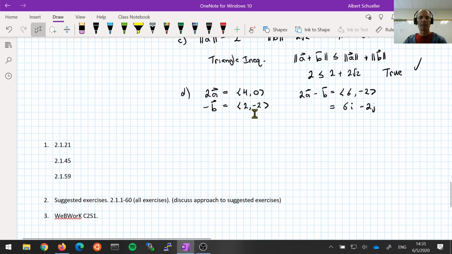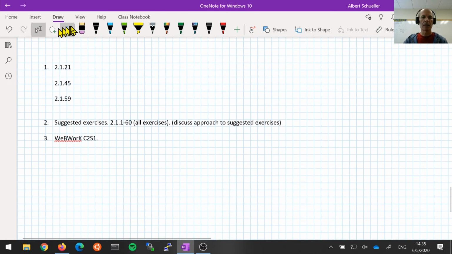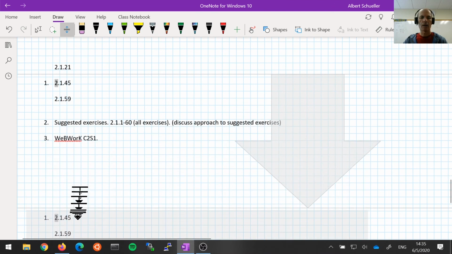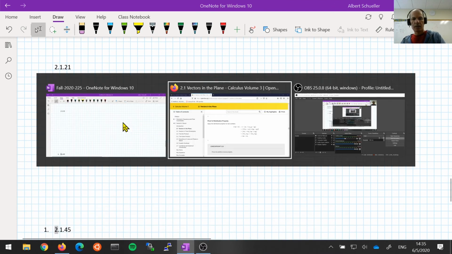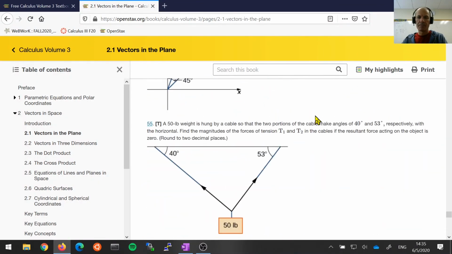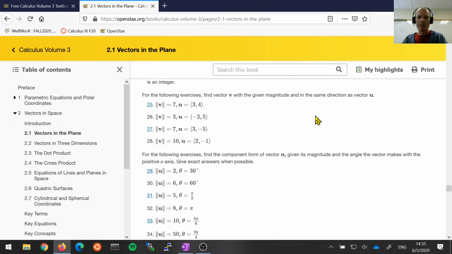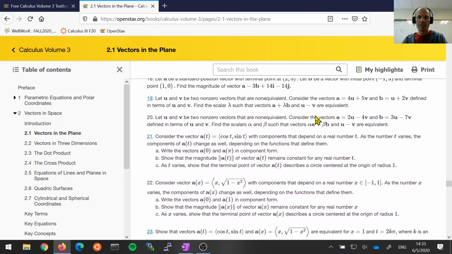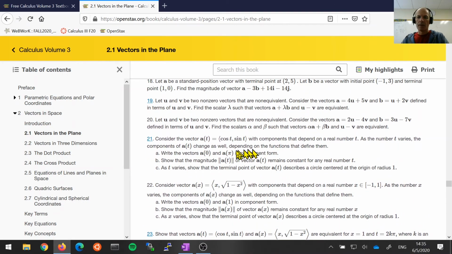All right, let's talk about problem 21. In problem 21, we've got, this is a twist. We've got a vector that's made up of functions.